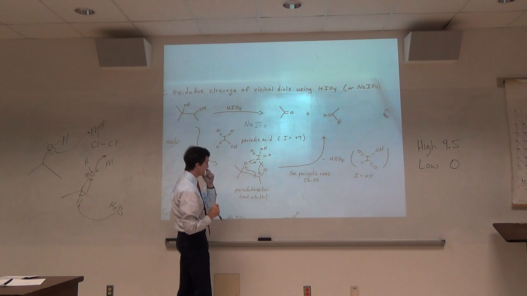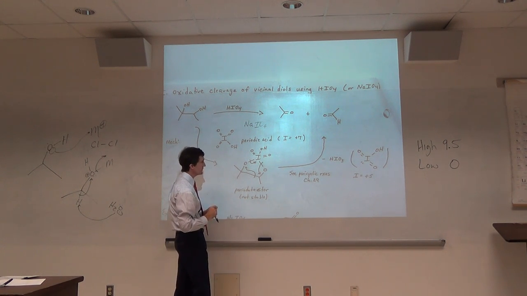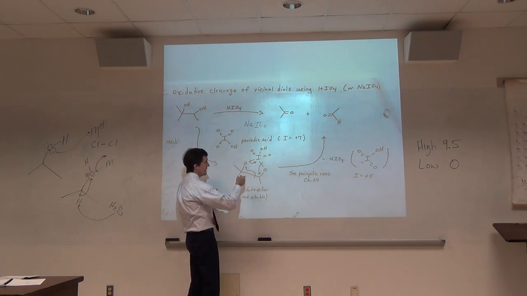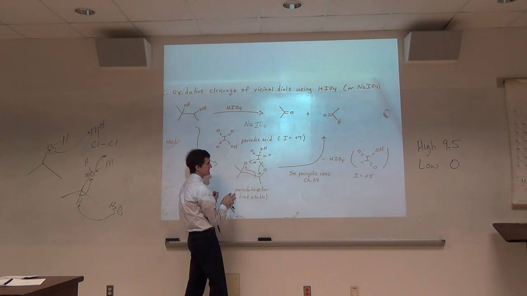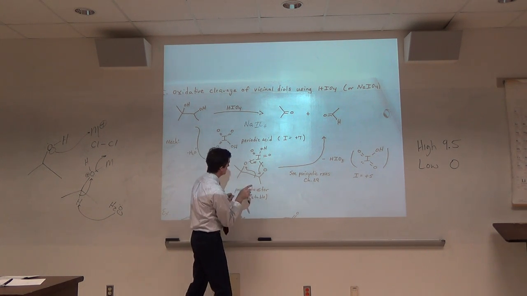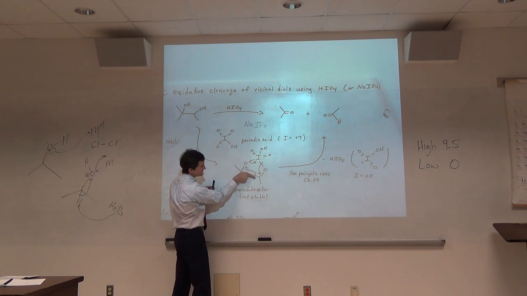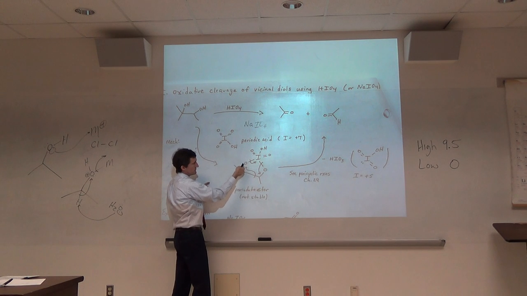At this point, this thing is not stable, and it will break down by an intramolecular process. If you look at what the arrows do, these electrons break away from that carbon and move here. And thus you now have a double bond to the oxygen.